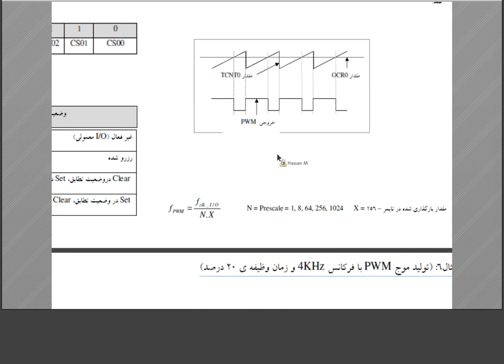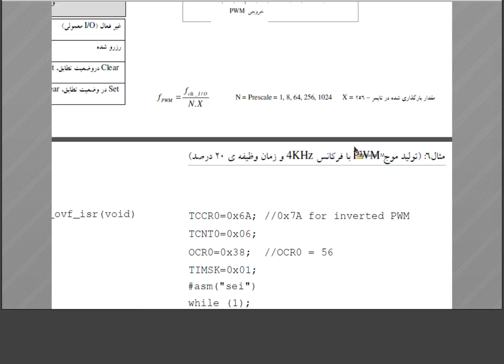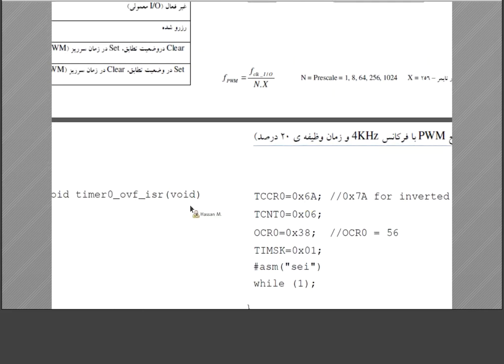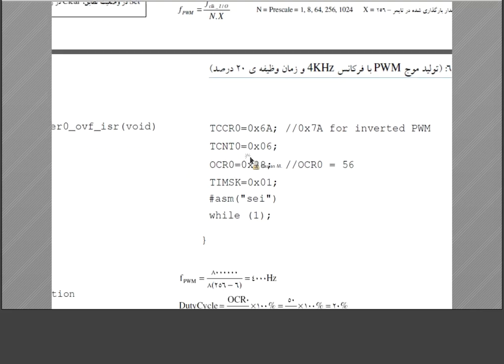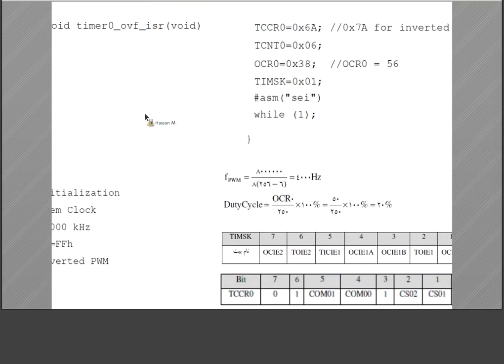Okay, that's right. We see an example. This is an example for us generating a PWM wave, but with this frequency, 4 kilohertz, and this duty cycle of 20%.